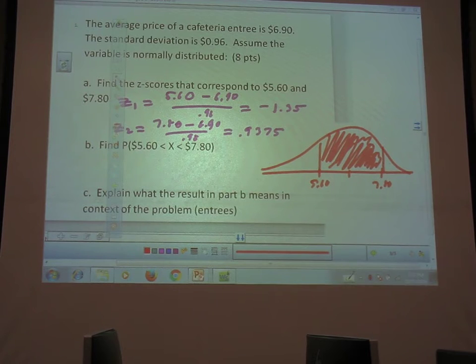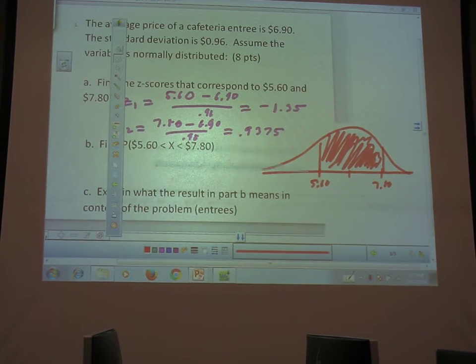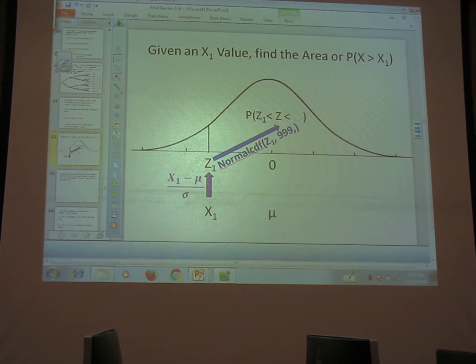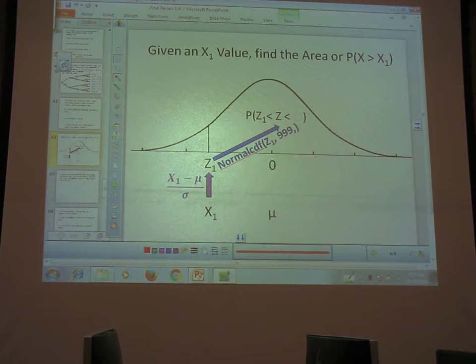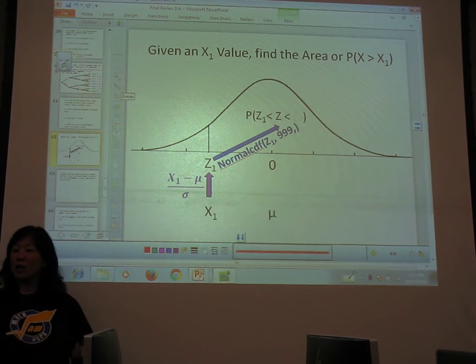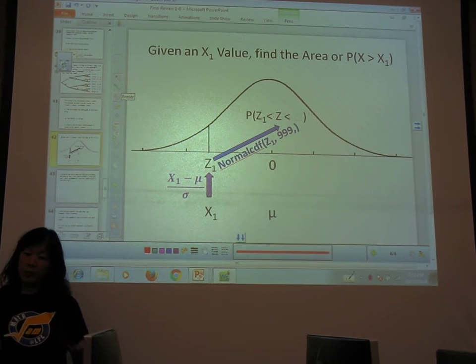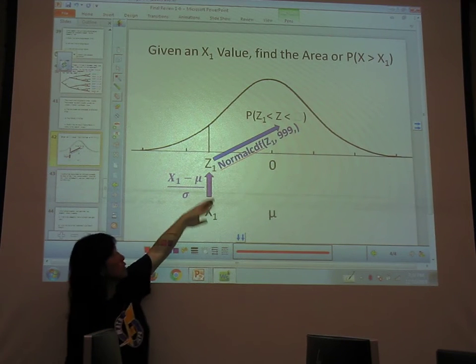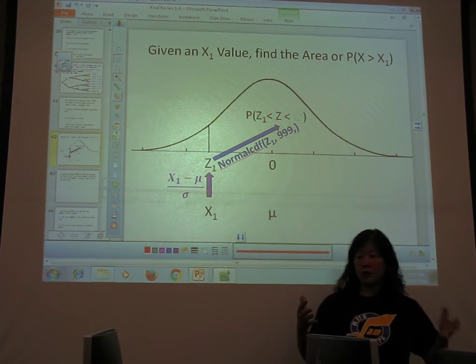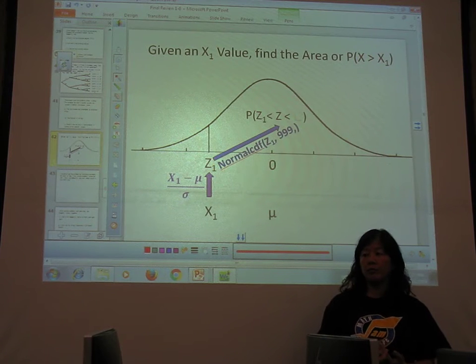Maybe we'll do a quick review. So this might help you guys out. If I give you an x value, and I want to find the area or the probability, area is probability, first you convert your x value to a z-score, and then you use normal CDF of those z-scores to find the area between them.